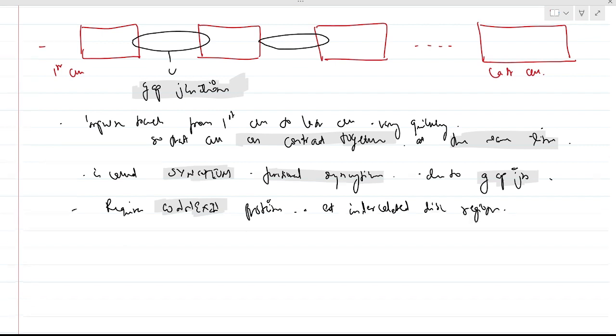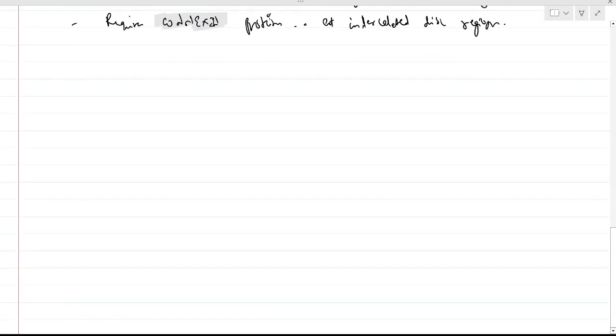Now we'll see some unique features of cardiac musculature. We'll expand our discussion on this. The first is our length tension relationship.